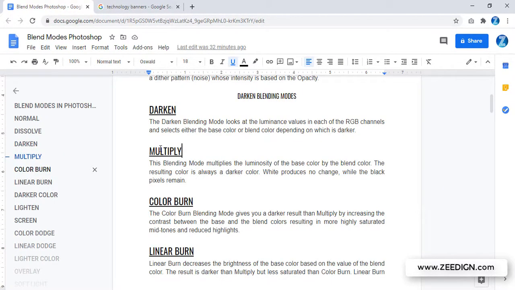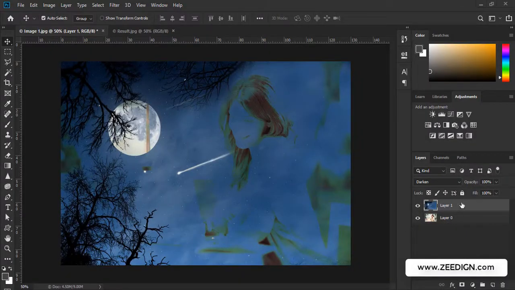Moving on to the multiply. So this blending mode multiplies the luminosity of the base color, and you remember what I said about base. When I say base, it means the bottom layer, and when I say blend, it means the top layer. So base color means the color of the pixels of the base layer or the bottom layer, and blend color means colors of the pixels of the top layer.